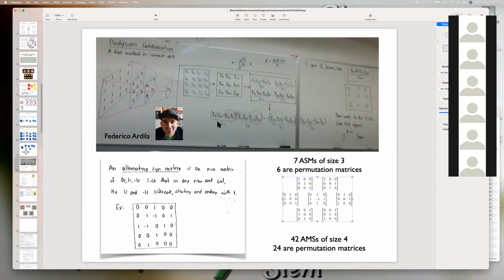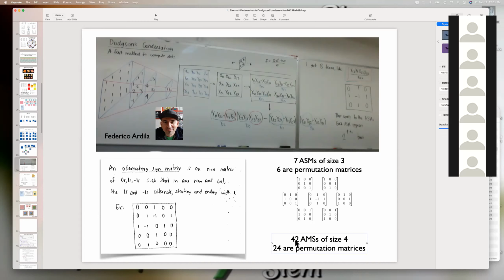That's why this expression ends up being the same as the determinant you would get just by using the permutation matrices. So that's what he's writing over here on the board. Each alternating sign matrix appears in this polynomial expression 2 to the power of the number of -1s times. And since it occurs an even number of times with alternating signs, those terms all cancel.